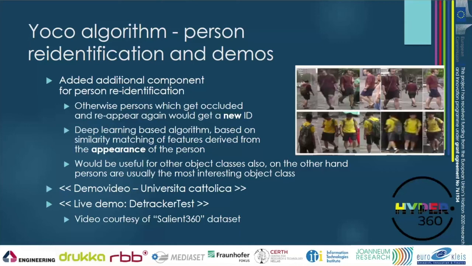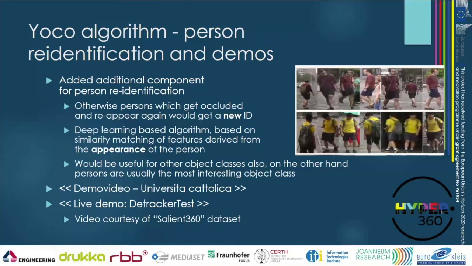Yeah, that could be useful also for other object classes, but usually persons are the most interesting object class, so it's most important to have that for persons. On the right side, you can see different appearances of a person throughout the video. Yeah, so these have to be matched based on their similarity.